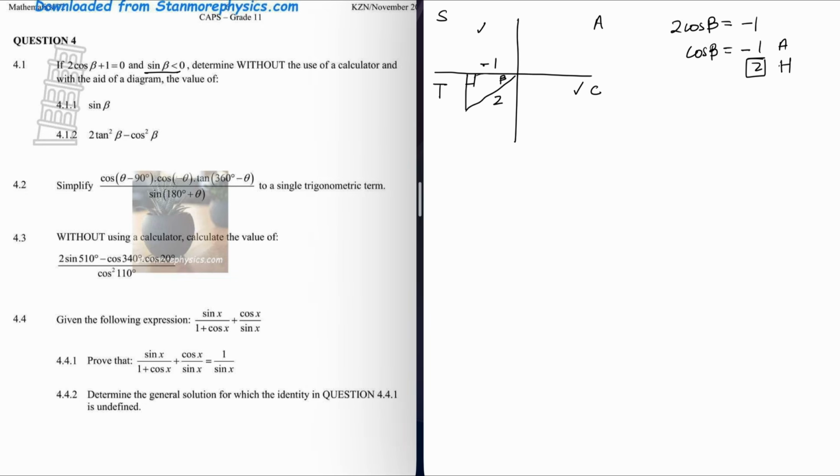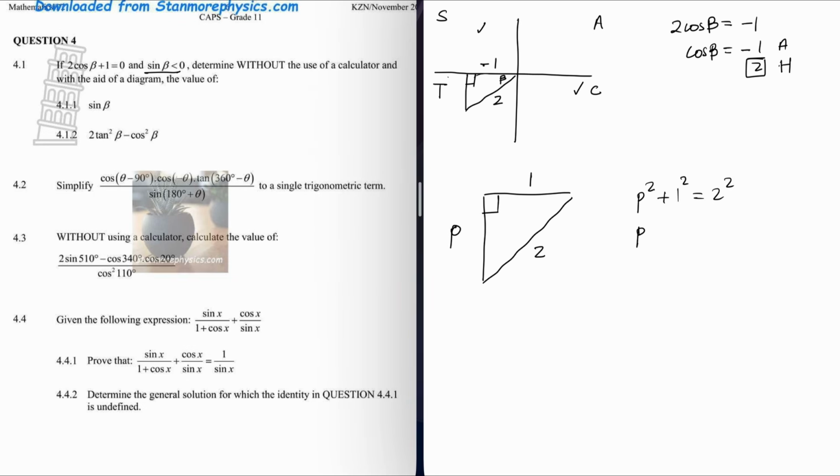Now we can calculate this value. We can use Pythagoras. So the way I do it is I look at the triangle without the negative values. So if that's going to be 1, that's going to be 2. That means this side here, let's call it P. So we'll say that p squared plus 1 squared is equal to 2 squared.